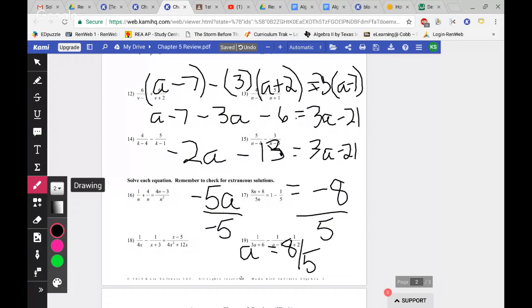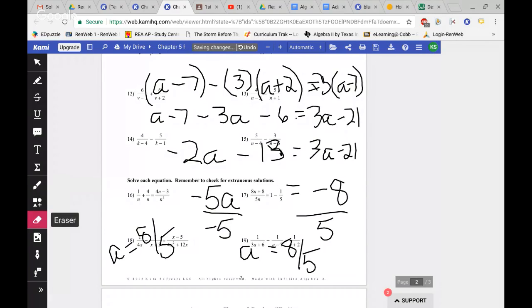Yep. The final step, where it says in the instructions, solve each equation, remember to check for extraneous solutions. What that means is this a equals 8/5, which I'm going to write over here so I can show you.